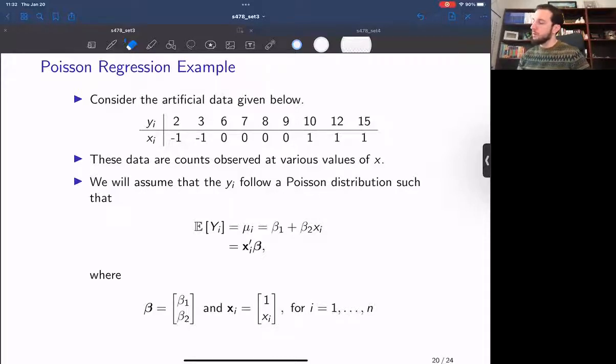Okay, so we're going to assume the expected value of yi is equal to beta 1 plus beta 2 xi. Beta is going to be beta 1, beta 2, and the xi is going to be of the form 1, xi. The 1 is just put in place to account for that intercept term. So the design matrix is going to be a column of 1s and then the xi from the data set of interest.